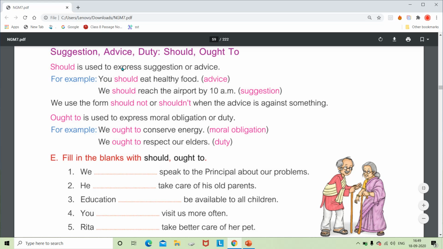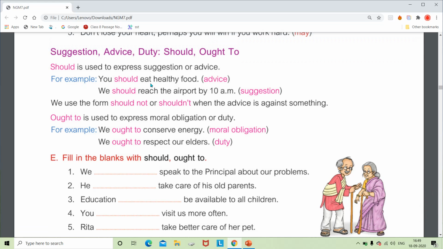Make sure that with each auxiliary verb, whatever action verb you are using with it will be only in V1 form. And if you want to use should for giving advice against something, we have to add not after should, and the compact form of should not is shouldn't.